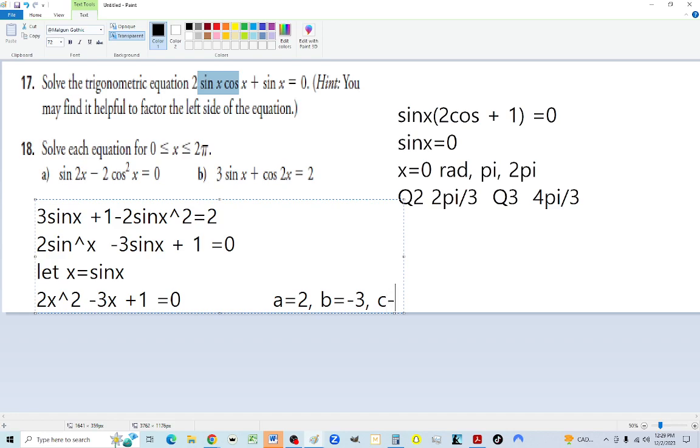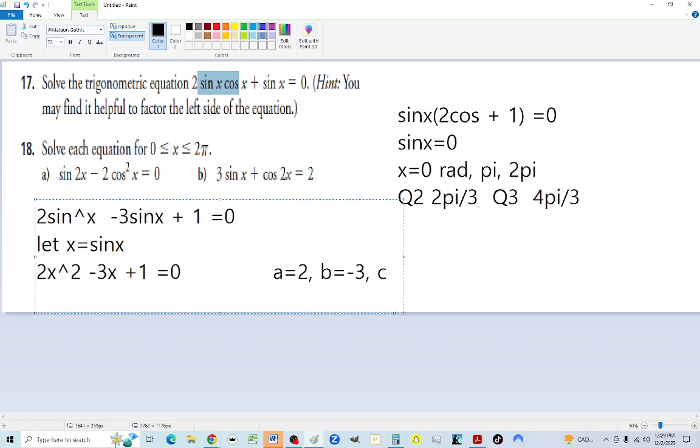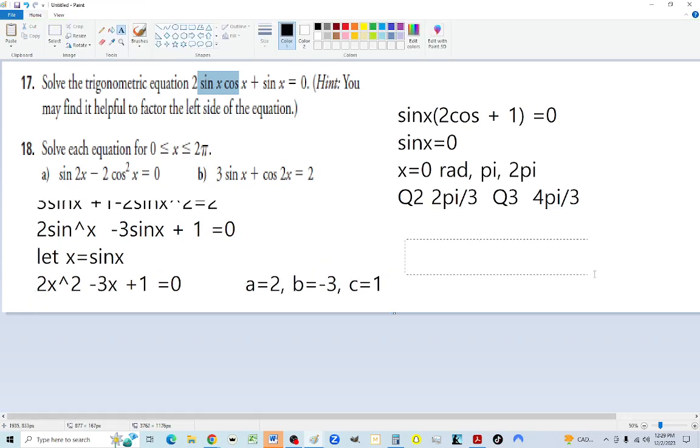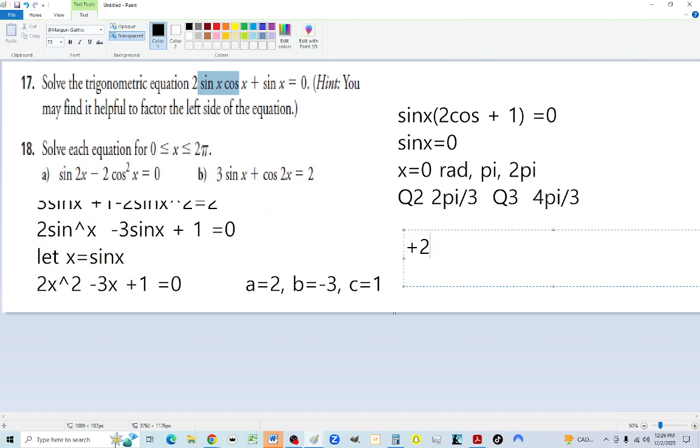Now, we can also see if we can figure out numbers that multiply out to plus 2 but add up to minus 3, and we're talking about minus 2 and minus 1.